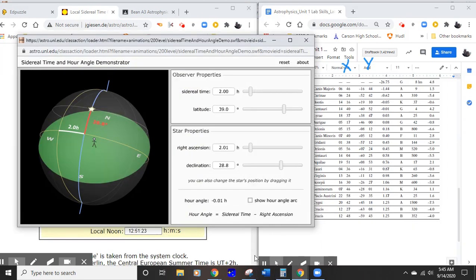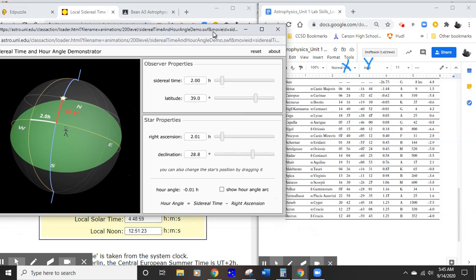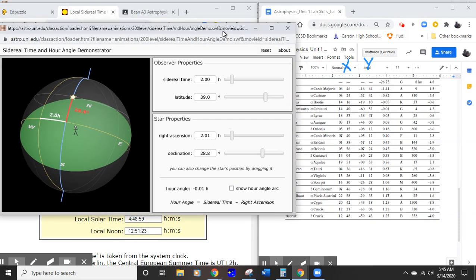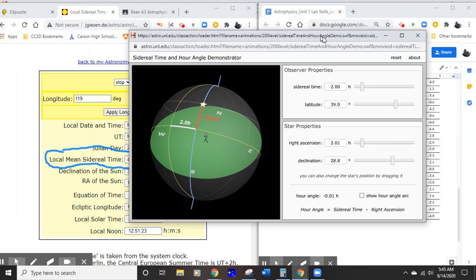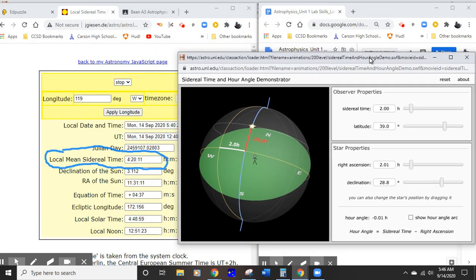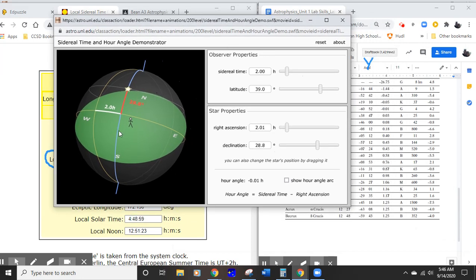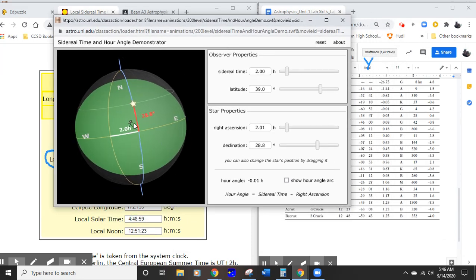So what does that mean? Let's go back over here and set this up real quick. Carson City. Right now the sidereal time is, let's say, 4:20. Let's move this to 4 hours, just to make it easy for ourselves.